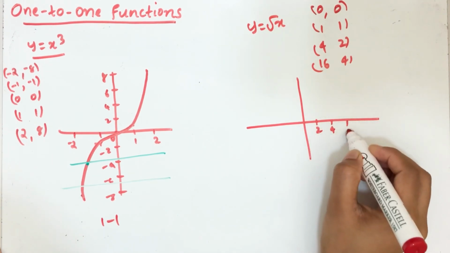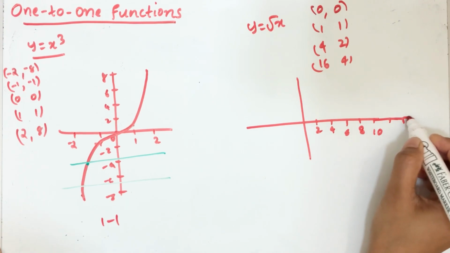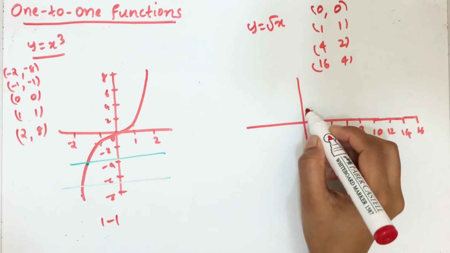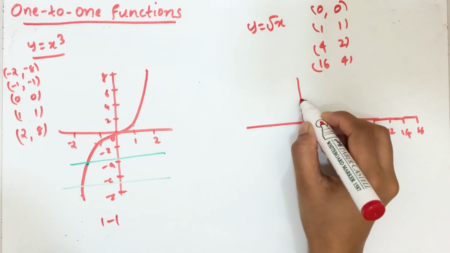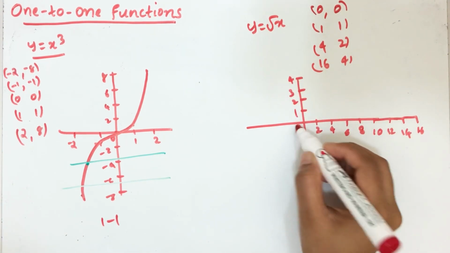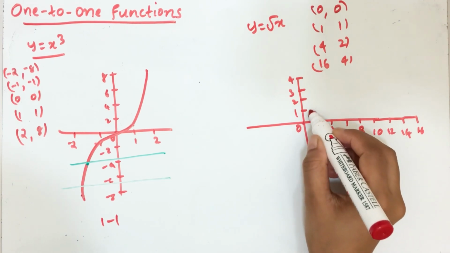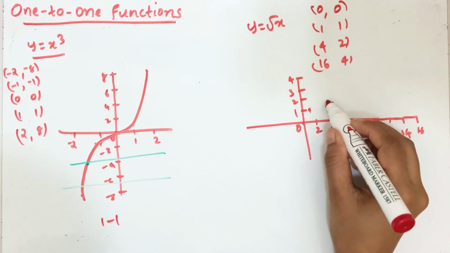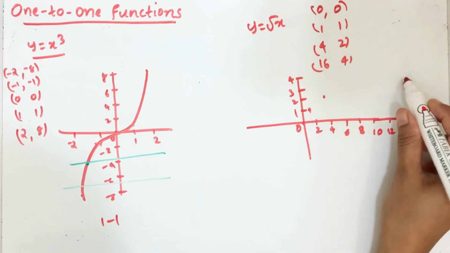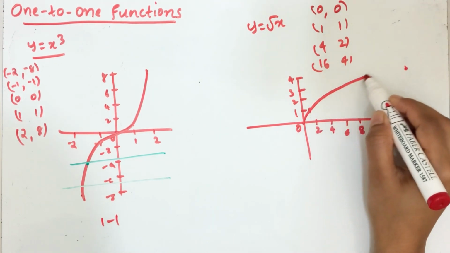On the x-axis 2, 4, 6, 8, 10, 12, 14, 16, and on the y-axis 1, 2, 3, 4. So 0, 0; 1, 1; 4, 2; and 16, 4. So the graph is like this.